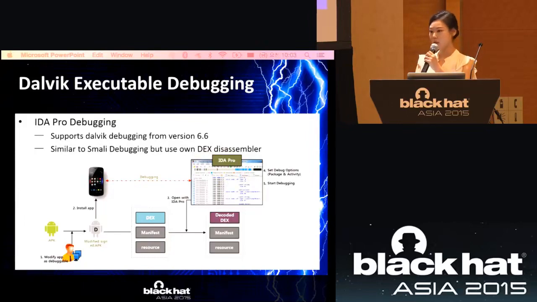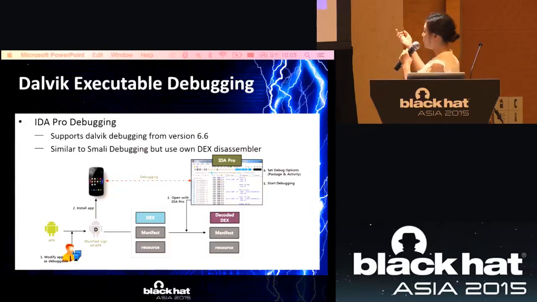To do that, they use APK tool to disassemble, build, and sign all over again. They can then open the APK file from IDA Pro, and IDA Pro gives a list of files in the APK file, and they can select the classes.dex file.